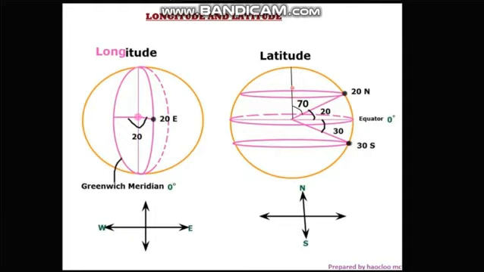Because for the equator, the highest point on the north side is called the North Pole, which is 90 degrees north. There's no 91 degrees north. Maximum is 90 degrees. So the angle given here is 70. You know that 90 minus 70 is 20. So left 20.